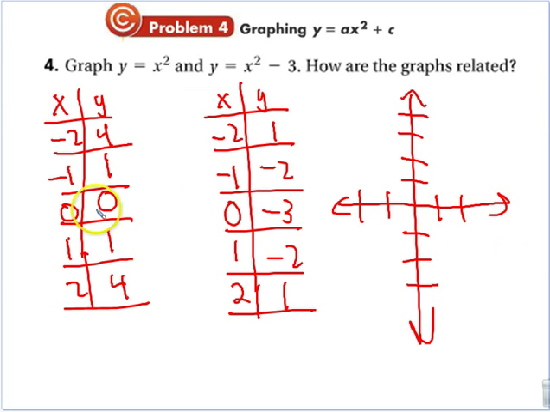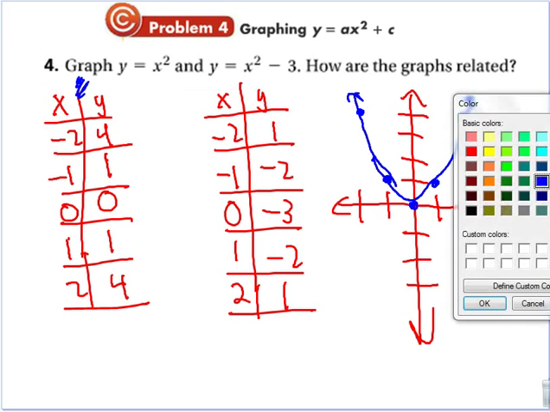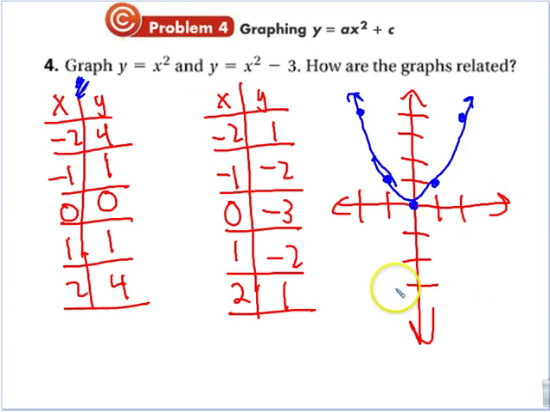I'm going to graph this one in blue. So there we have that one. And then I'll graph this one in orange.